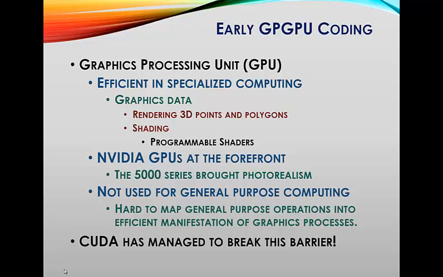Recently, NVIDIA has changed this. NVIDIA has changed this barrier and has made it possible with this new parallel processing platform, which is now termed CUDA, as an architecture that brings general purpose computing to graphics processing, or rather brings graphics processing to the level of general purpose computing.